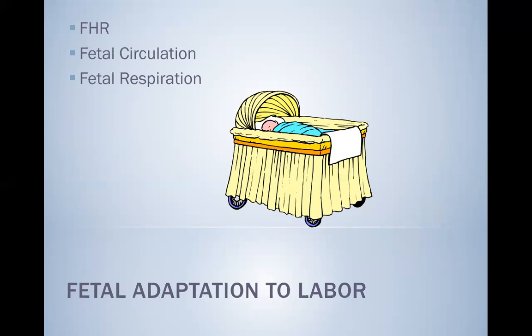These would be all normal adaptations. We are going to want to watch that blood pressure really closely, though, for moms who already have a little bit of hypertension, because we don't want it to go too high. The blood pressure that goes too high could cause some sort of cerebral vascular accident or other complications.